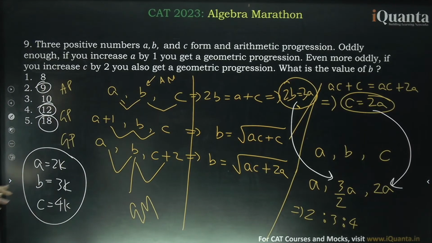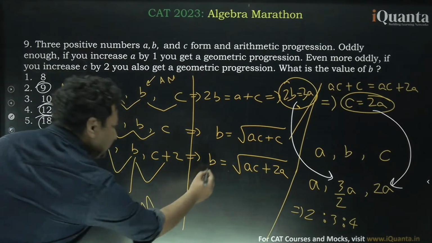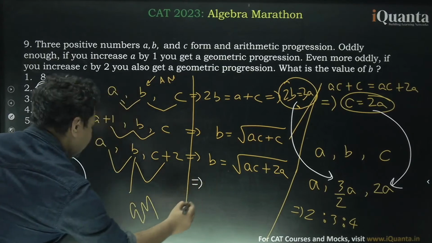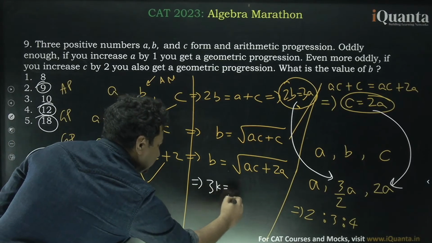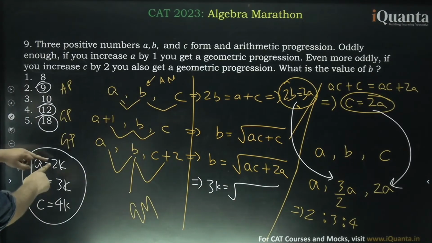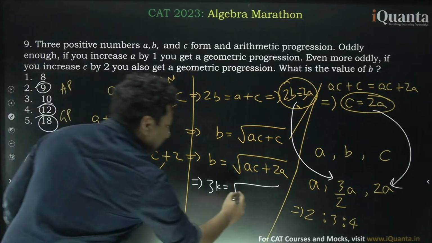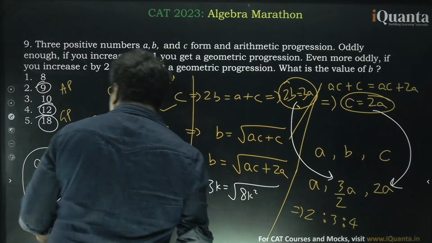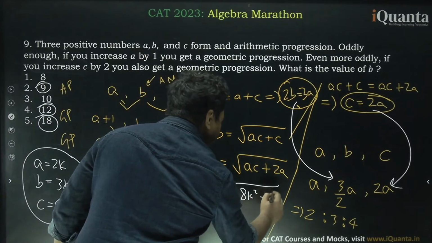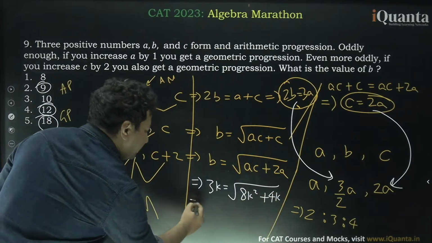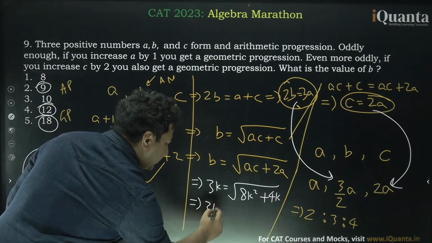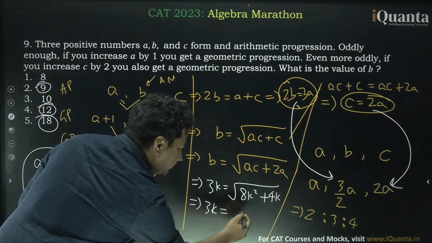Let us do that. Here I am putting the values. In this, B is 3K, square root A multiplied by C. 2K into 4K, we have 8K square, plus 2 into 2K, that is plus 4K. Now, I think it becomes very easy.